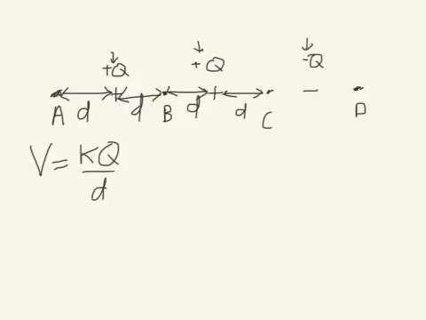Which is this. So if we're going to find the total potential at point A, we have to sum up the potentials from each of these 3 point charges. KQ over D would be the potential at point A from this charge right here, because that's a charge of Q magnitude a distance D away.